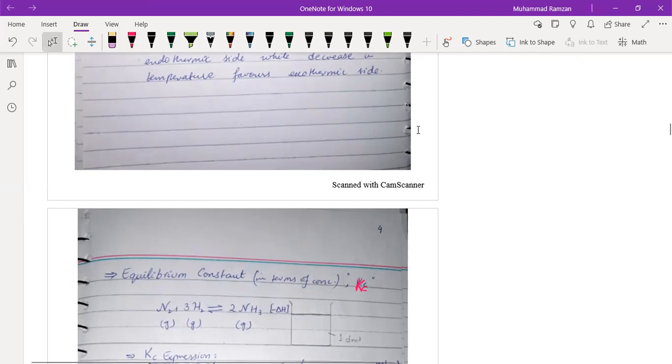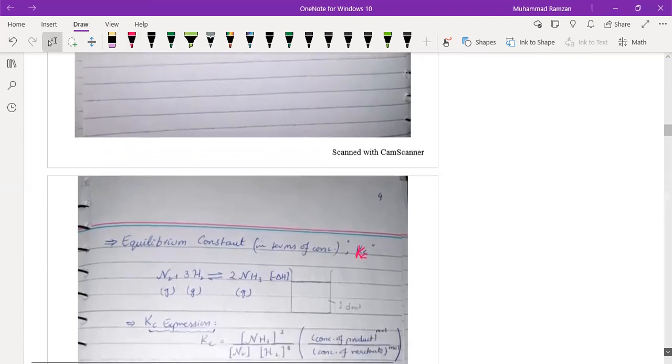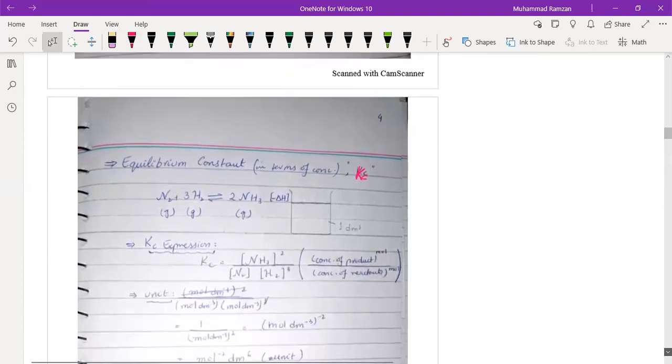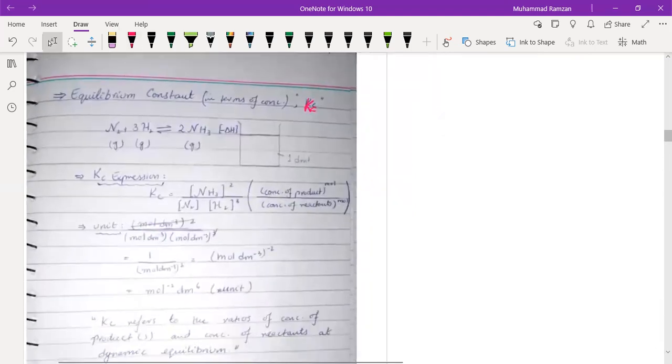If you look at this, this is the equation, and this is the Kc expression. We use the term Kc expression. This is NH3, and square brackets show the concentration.